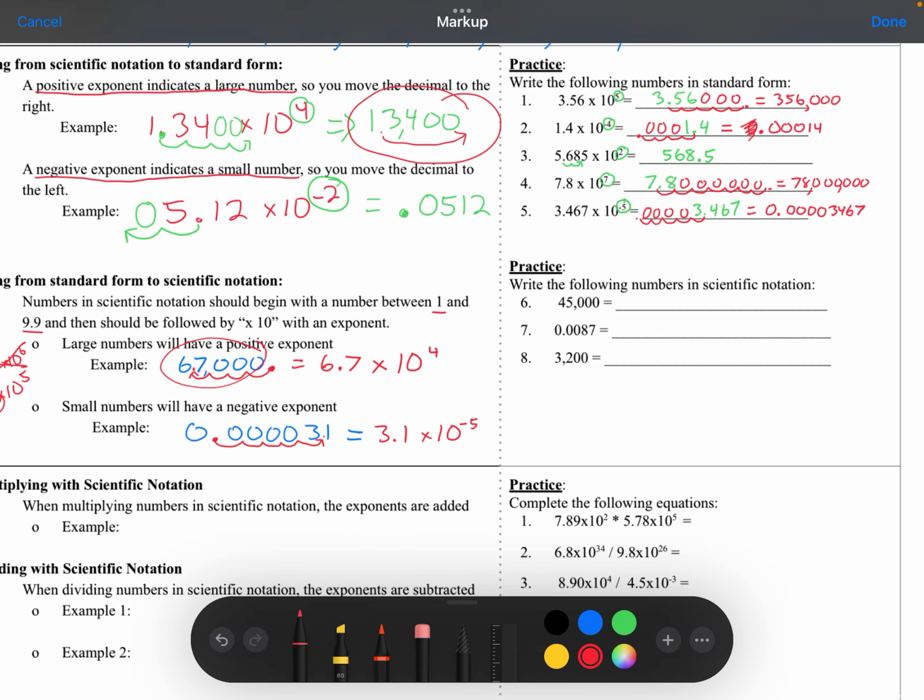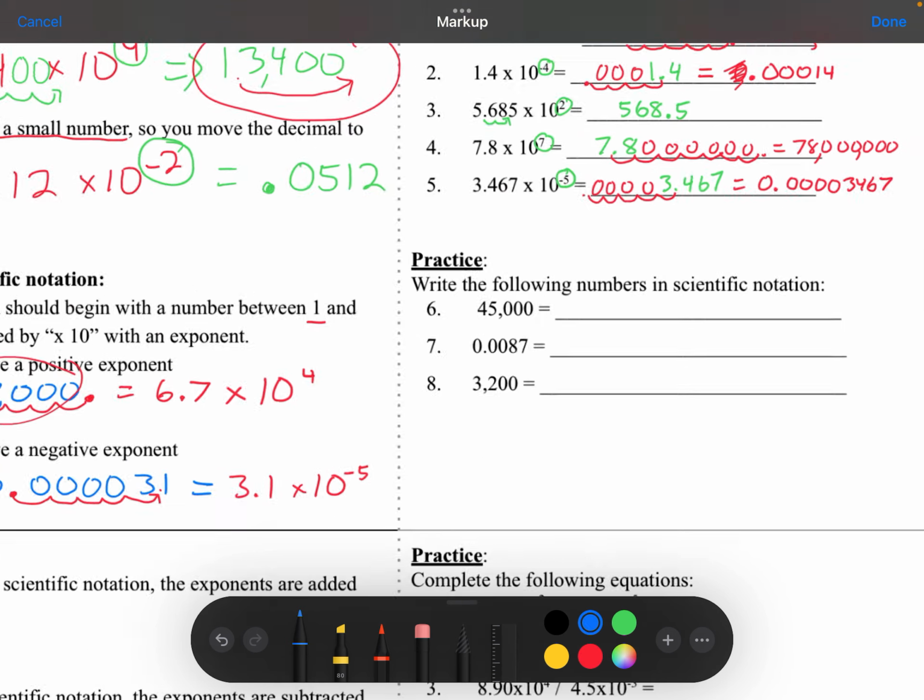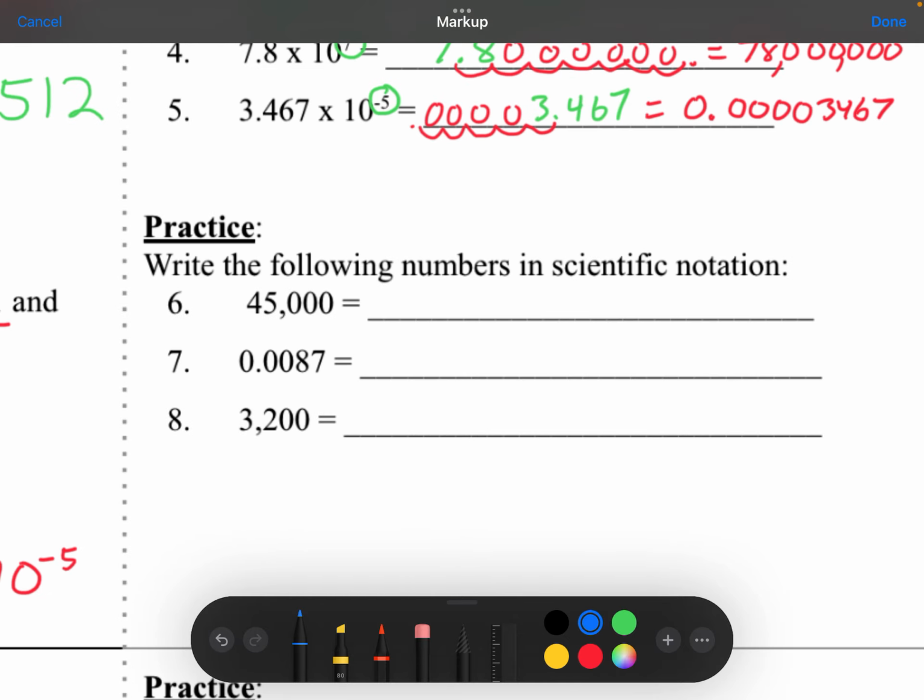Right? Again, you can pause the video, you can attempt problems 6, 7, and 8 by yourself, or you can watch me do it, does not matter to me. To express the number 45,000 in scientific notation, I find my little invisible decimal point and I move it over 1, 2, 3, 4 spaces, and I get 4.5 times 10 to the 4th.